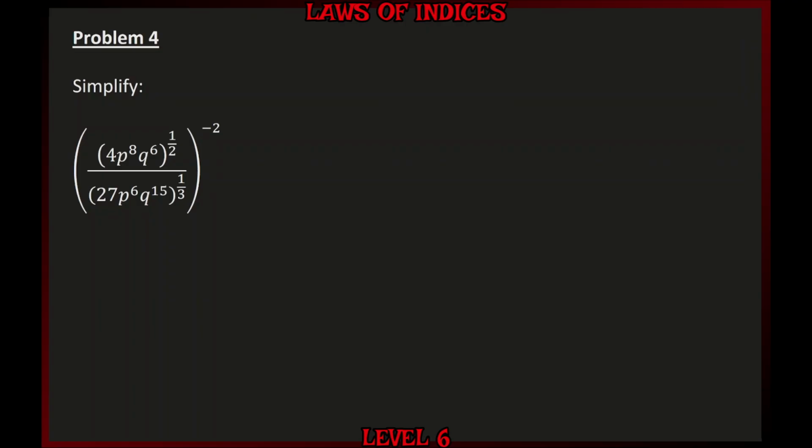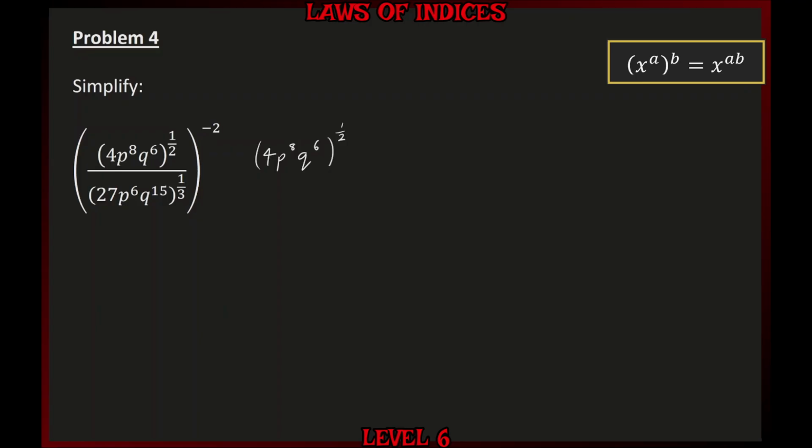So starting with our numerator, we have (4p^8 q^6) raised to the power of a half. And here we're raising powers to powers, so we can use this law, which tells us that we need to multiply the powers together.